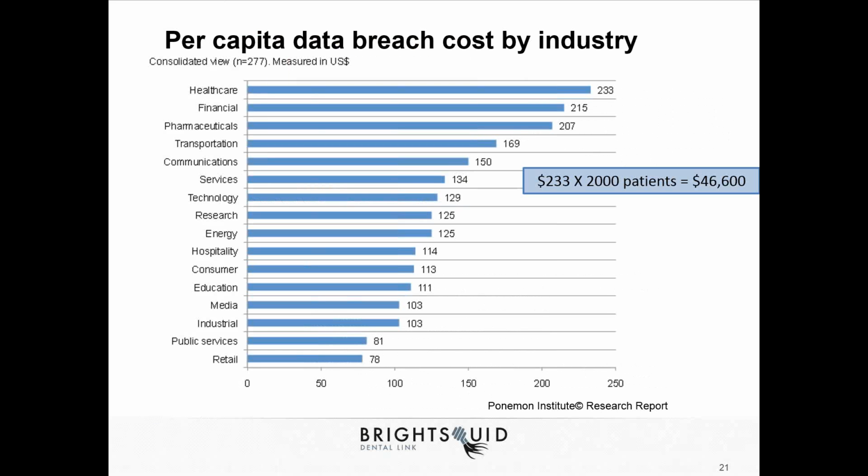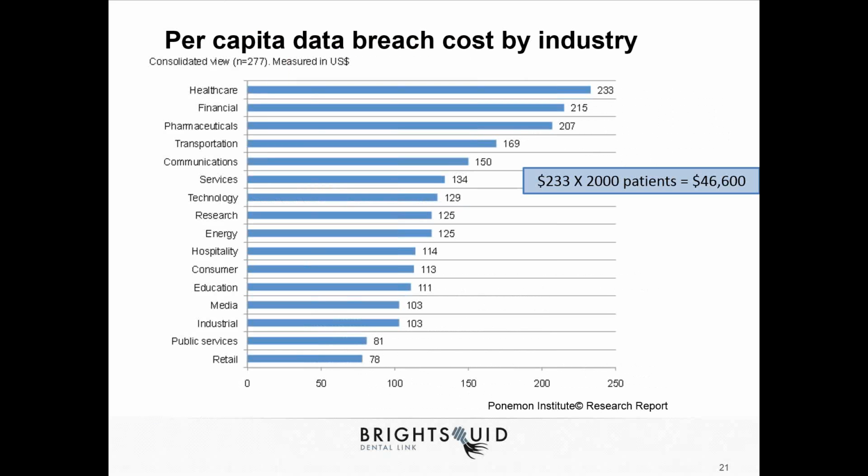Also accommodated in that $233 is that occasionally the practices that have lost that data will give special offers to try to keep their patients engaged. So it's those special offers they've captured in terms of lost income or the cost of doing business.